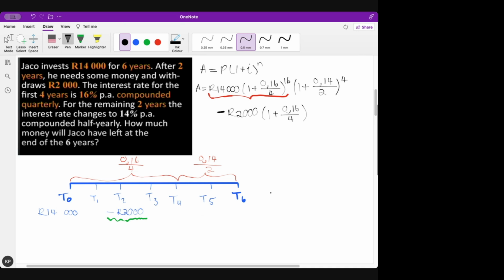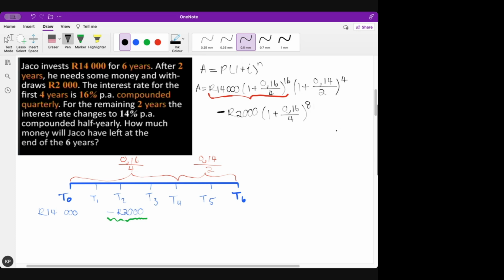Because for the first part, this was compounded quarterly for 2 years. So how much is that, guys? Quarterly for 2 years. I know Funzo is going to come through with the calculation. That means my exponent is 8.